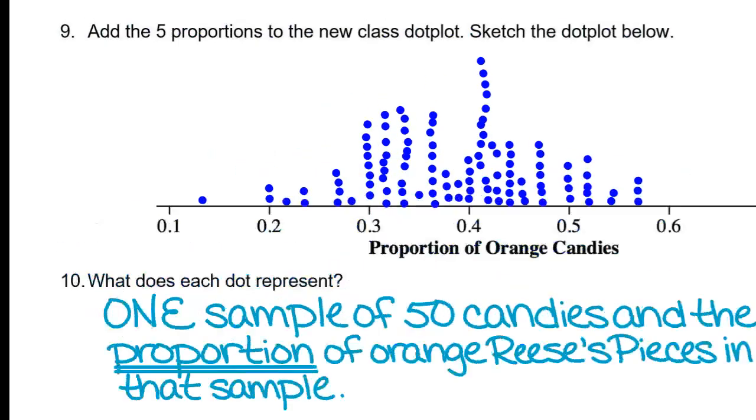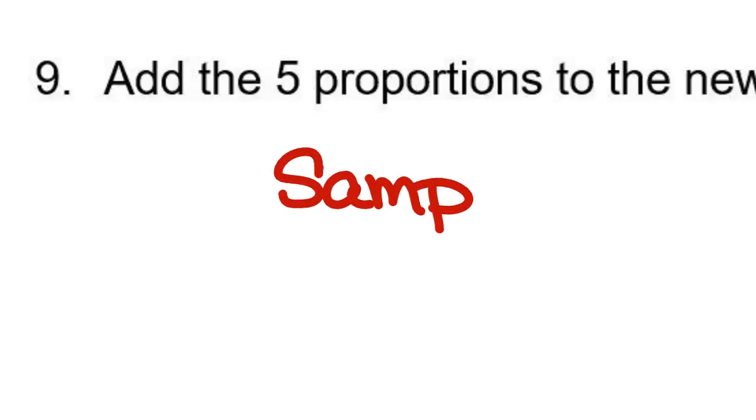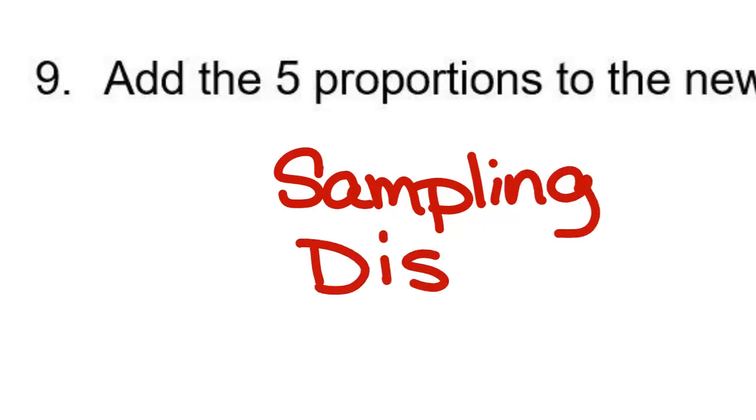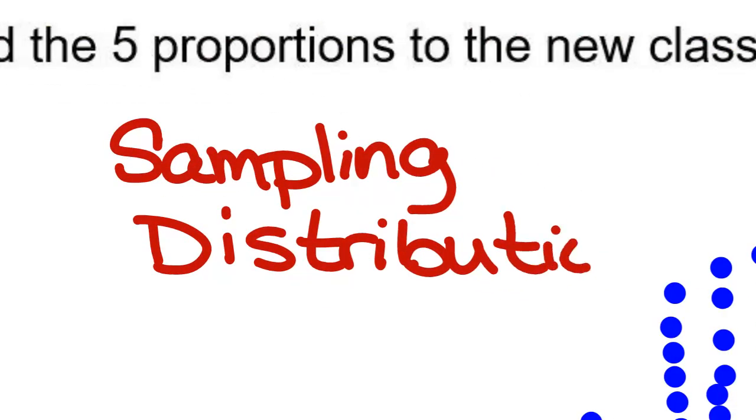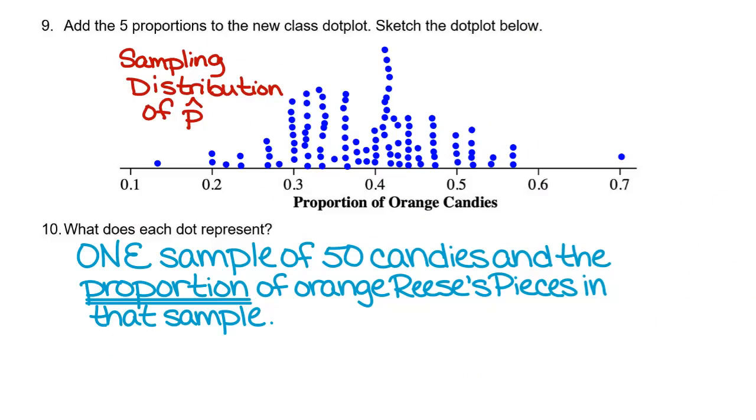This is a sampling distribution of p hat. Why did I say this was a sampling distribution of p hat?